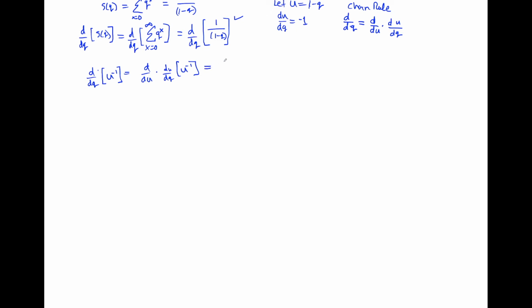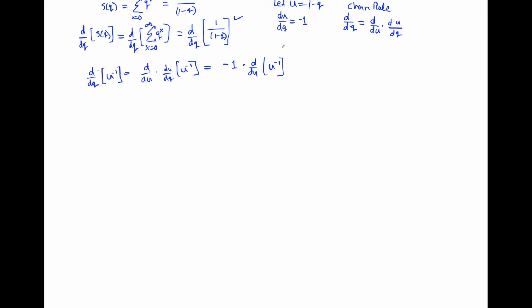Well, du dq is minus 1. That's what we said before from the u substitution. So we have minus 1 times d du of u to the minus 1 power.